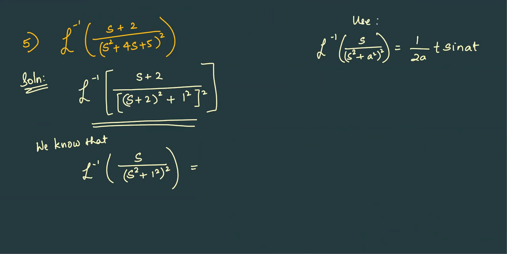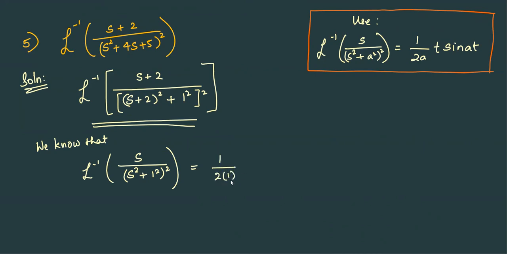We need to use this result. So when we use this result, you get 1 upon 2 into 1 into t sine at, that is 1 into t.